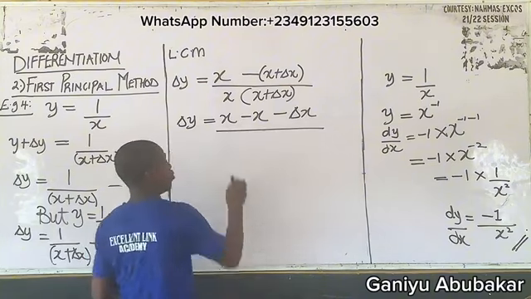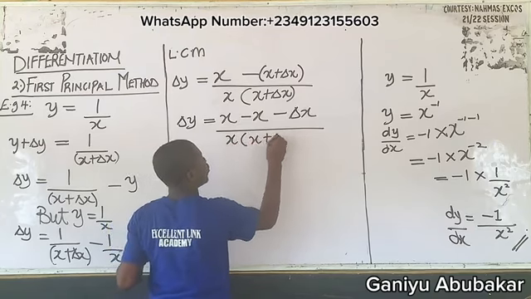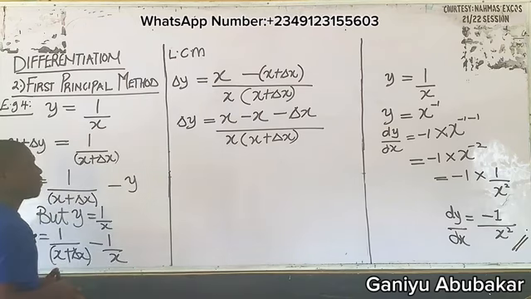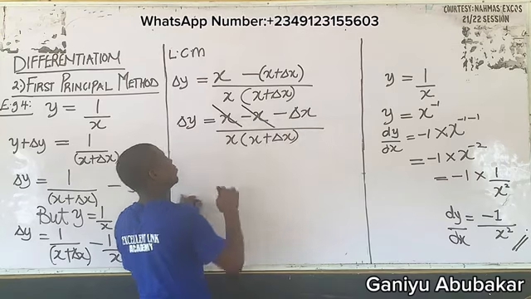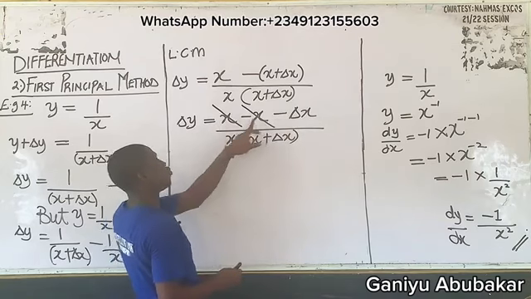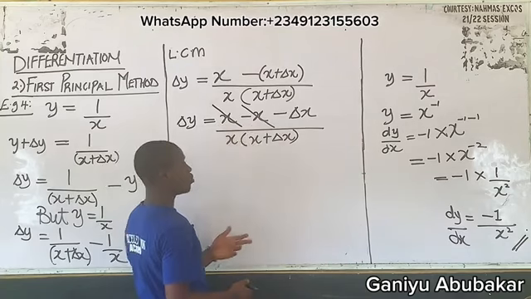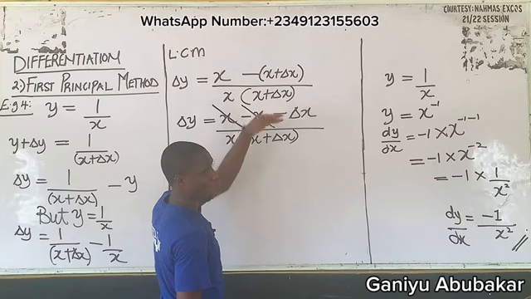Repeat the denominator. So I have x into x plus change in x. Alright, from here, if I simplify very well, this should cancel this because I have plus 1 minus 1, it's 0. Similarly, plus x minus x is 0. So I'll have minus change in x left as my value for the numerator.